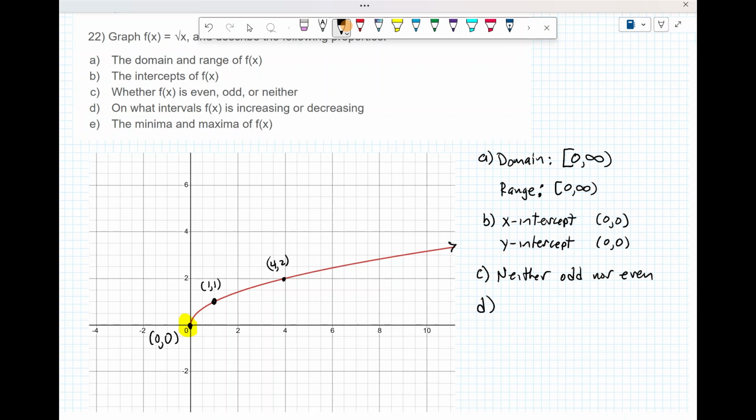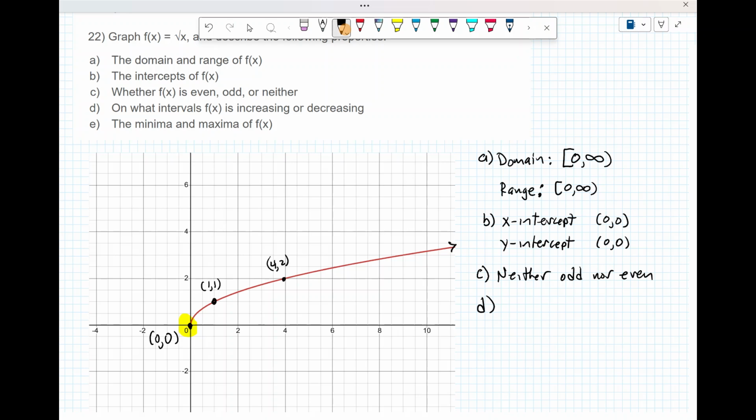On what intervals is f of x increasing or decreasing? Well, as x increases, the y value continues to increase, right? If we look at this as I go left to right, my y value is just going to keep getting bigger and bigger.